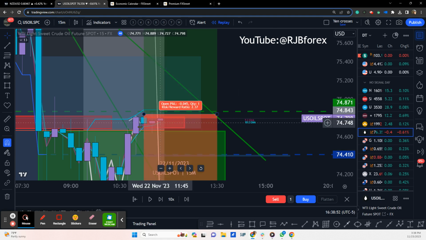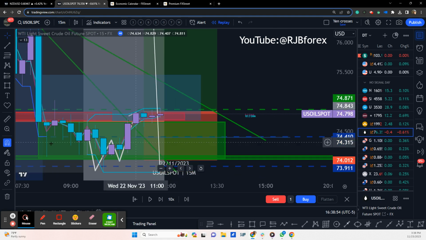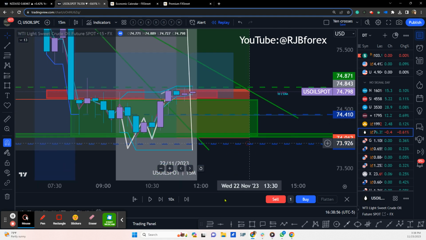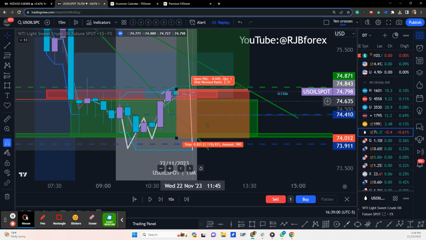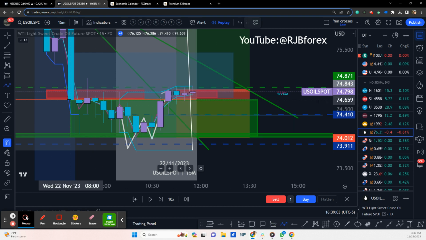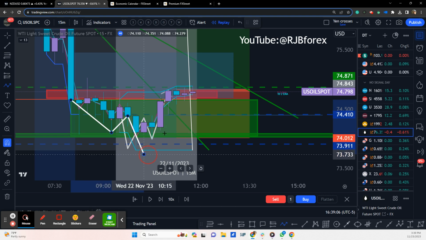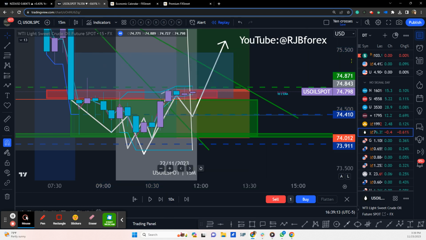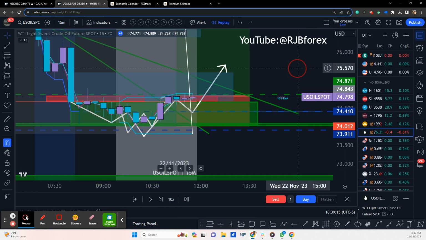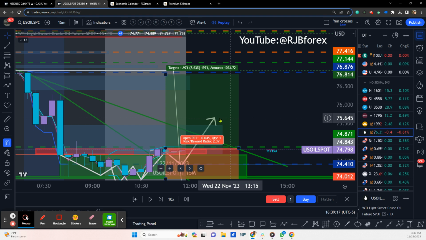So for me, I'm starting to think, this is now, all in all, looking like a sort of inverse head and shoulders at the bottom of a dump. So I'm looking for the pump on a day 3, a parabolic reversal.